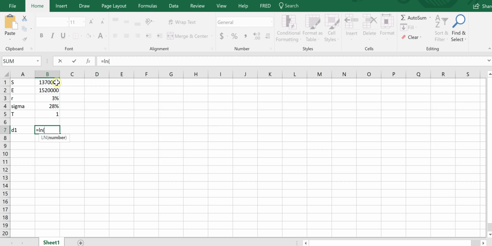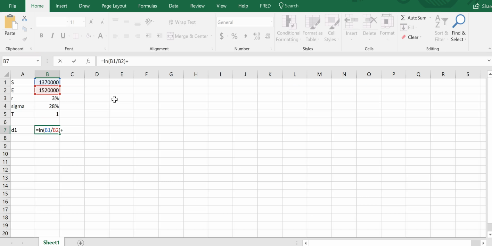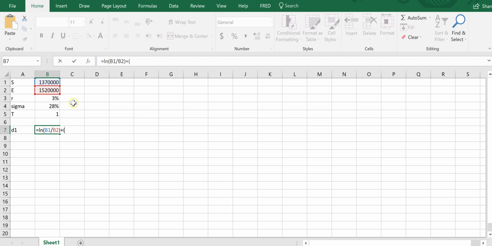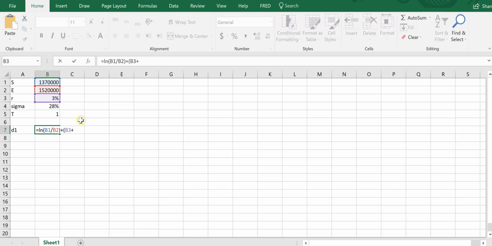So that's basically this stock price here over this exercise price, plus, and I need an open parenthesis for this R plus sigma square over 2, and then close parentheses, right? So R is this 3% plus sigma square.